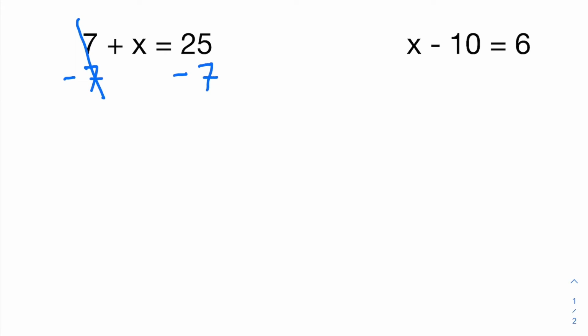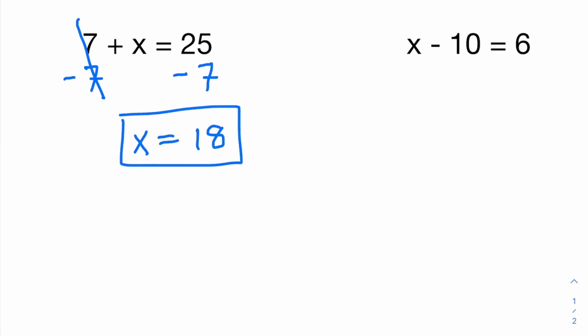So here we would have to subtract 7 from the right side of the equal sign, and we would be left with x equals 25 minus 7, which is going to give us 18. And that would be our final answer for x.